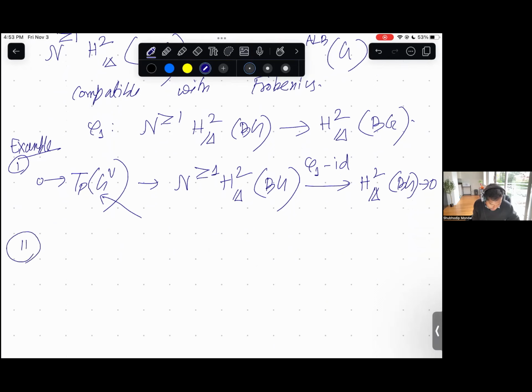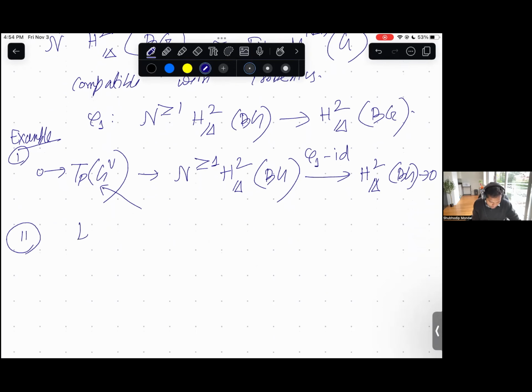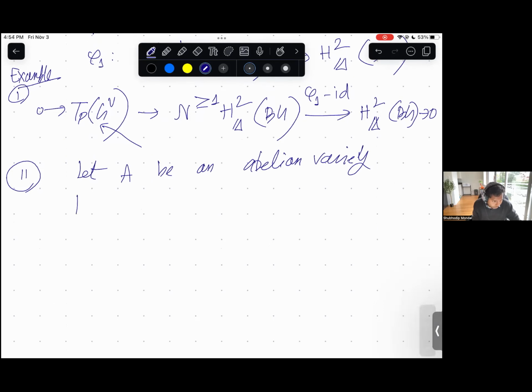And maybe as a second and perhaps slightly more classical example, let me mention this one. Let A be an abelian variety, and one has the following isomorphism.